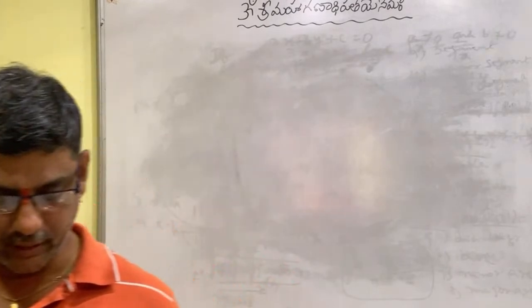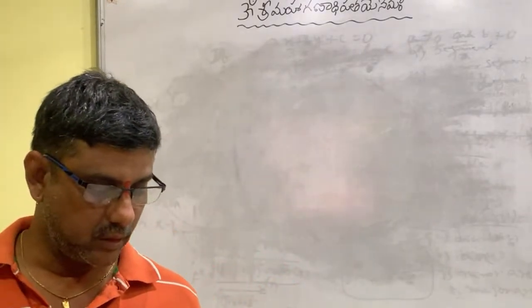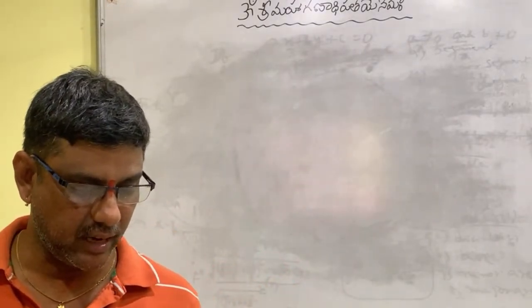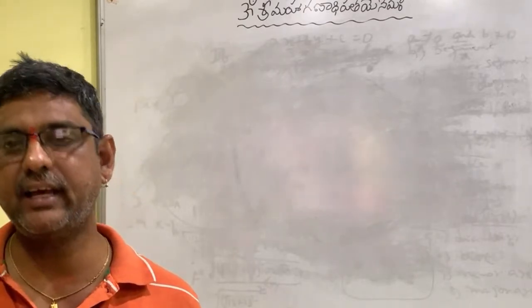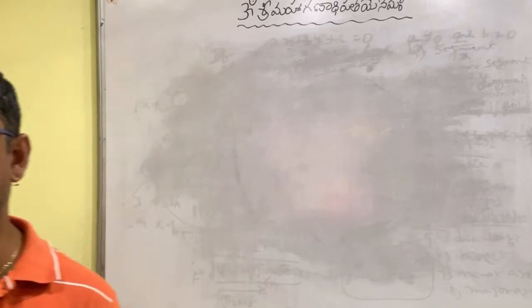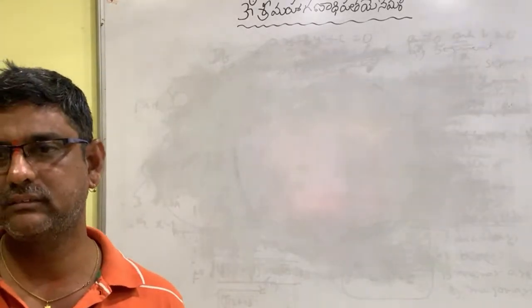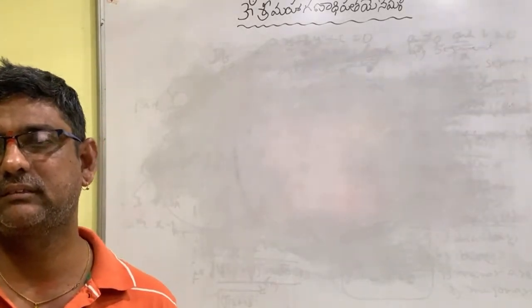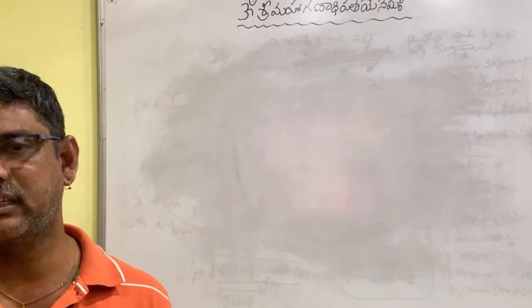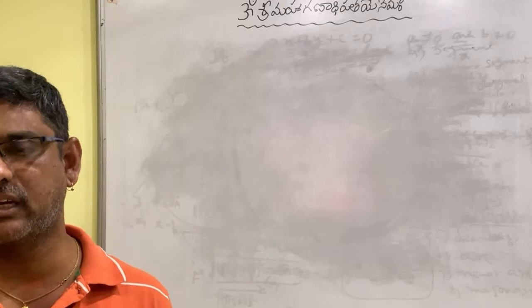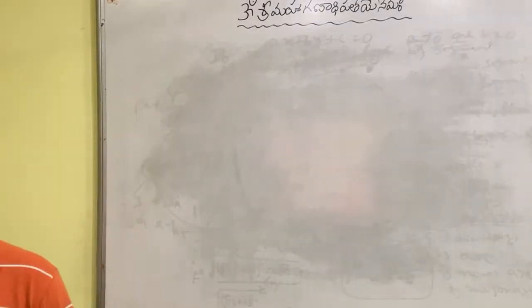See the first question. The center of the circle lies dash of the circle. Exterior or interior? Center lies inside the circle or outside the circle? Interior.